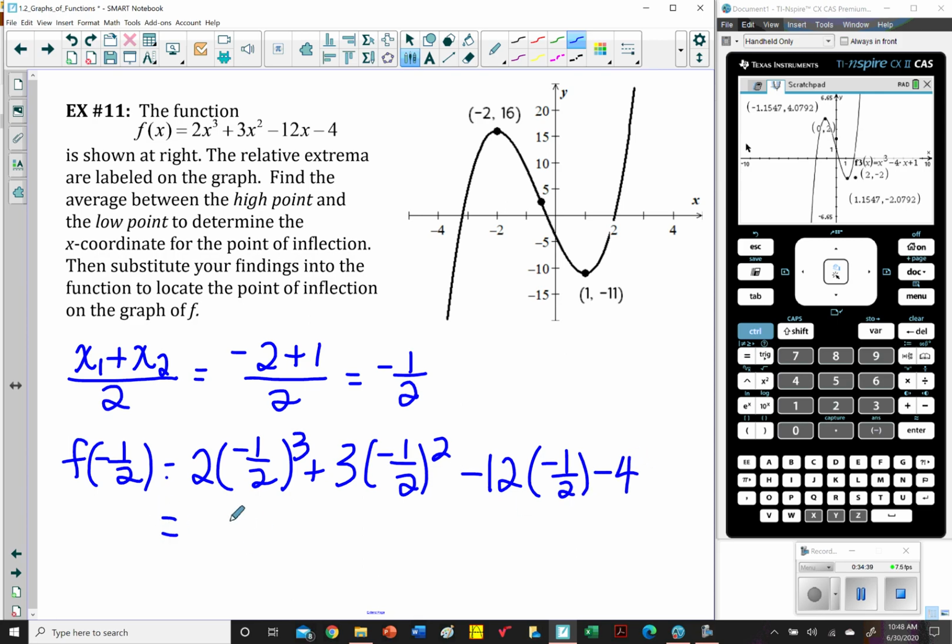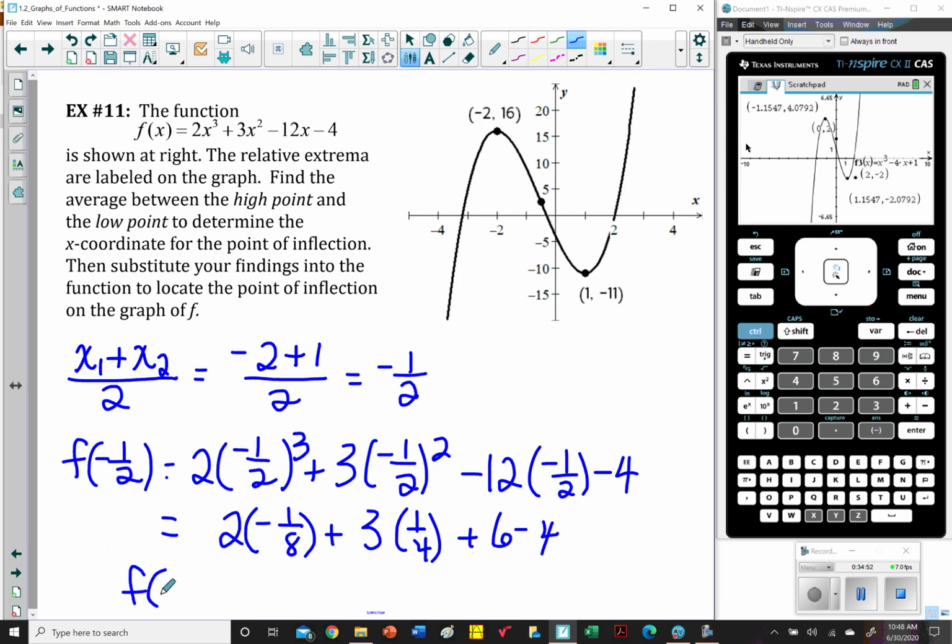We're going to find negative 1/8, 3 times a fourth, plus 6 minus 4, and that point of inflection would be negative 1/2, 2.5. The point of inflection is negative 1/2, 2.5.